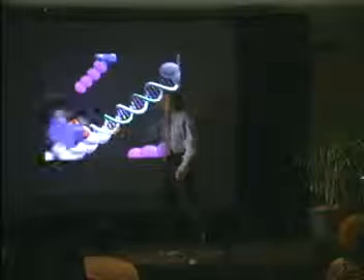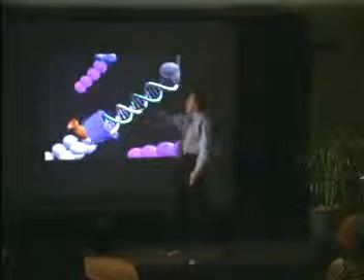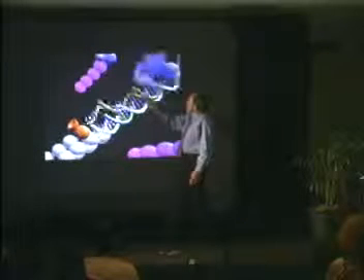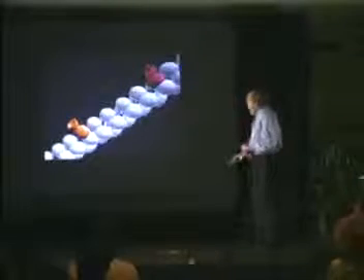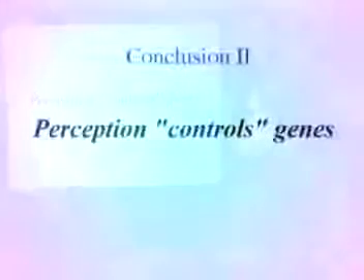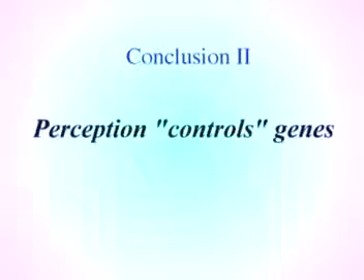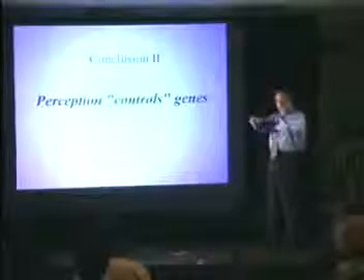And once the gene's exposed, I make a copy of it called RNA, and this is what goes out into the cell and is used for the function and behavior of the cell. So what is the conclusion of all of this? And the answer is simply this. Perception controls genes. Understand? The genes did not control themselves. The perception was the signal that converted the sleeve of the DNA to come off.